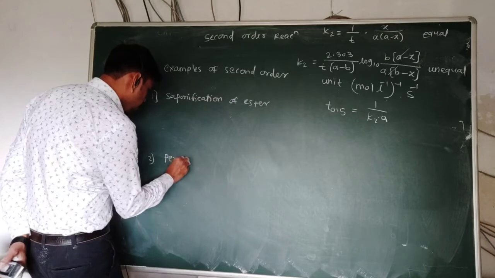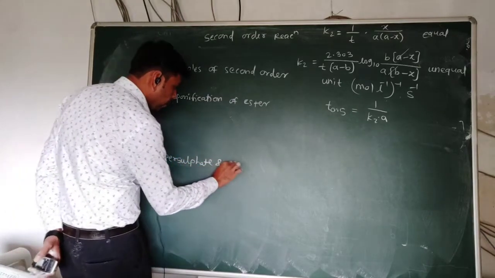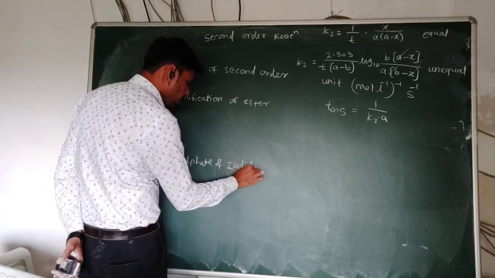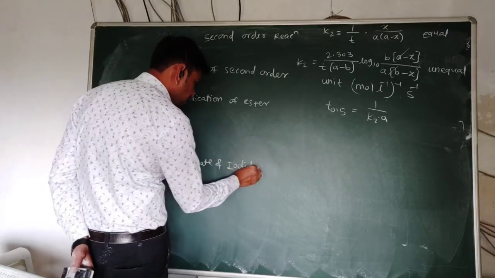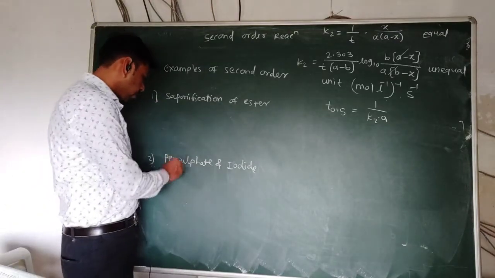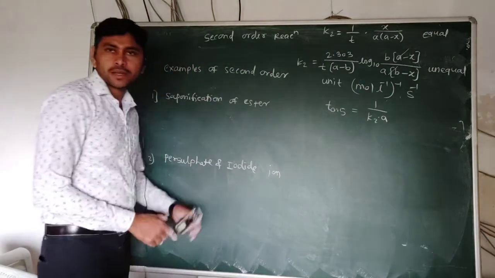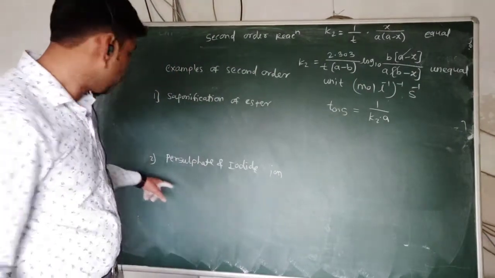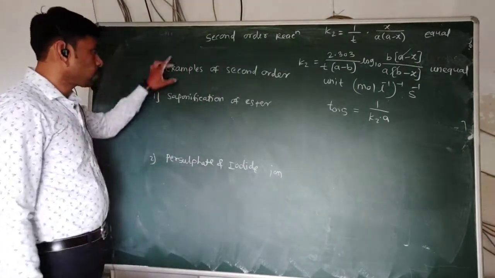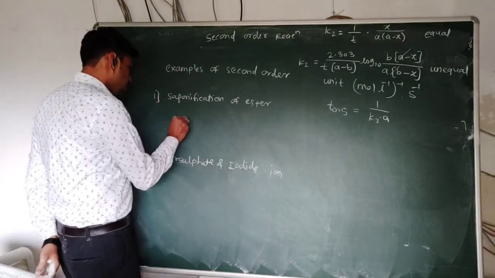I think we have done the practical for this last year in TYBSc. So the reaction between persulfate and iodide ion is an example of second order reaction.